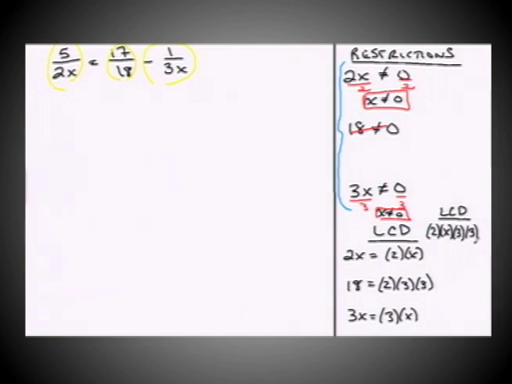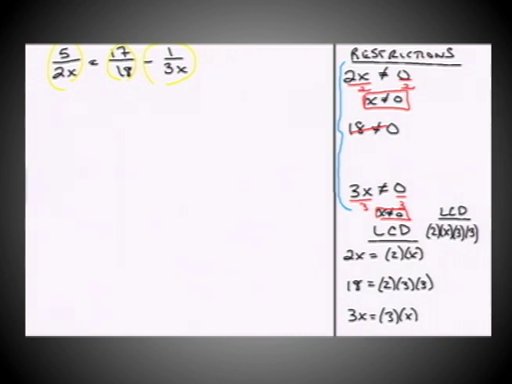And then I look down at 3x, and I've already got a 3 and I've already got an x, so I've got my LCD there, which is 2 times x times 3, or 18x. But I'm actually going to leave it factored, and you'll see why here in a minute. I find it to be a little bit easier when it's in factored form.